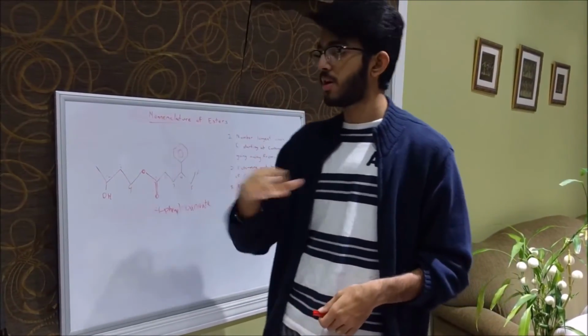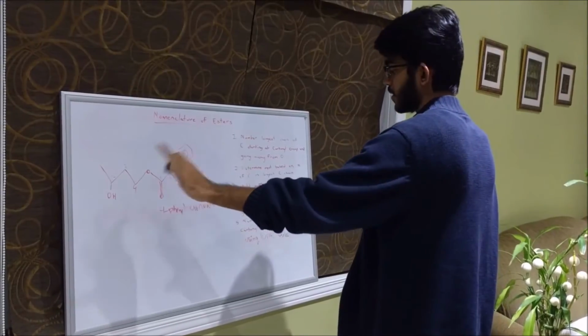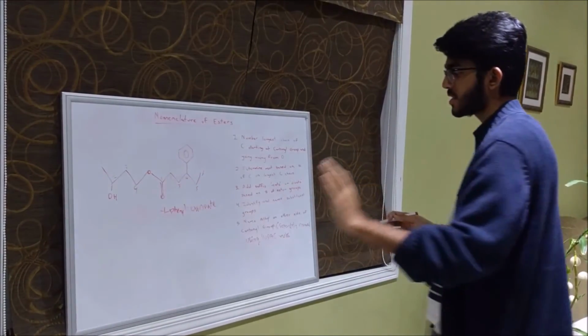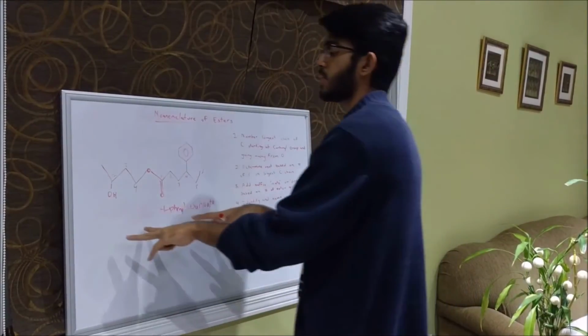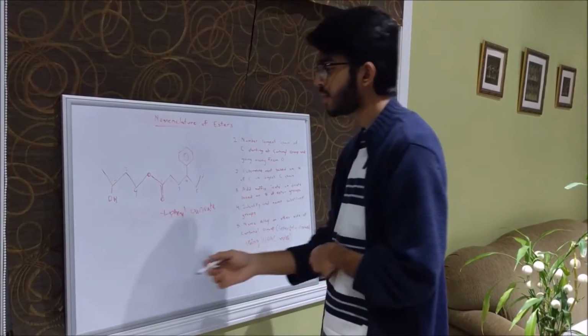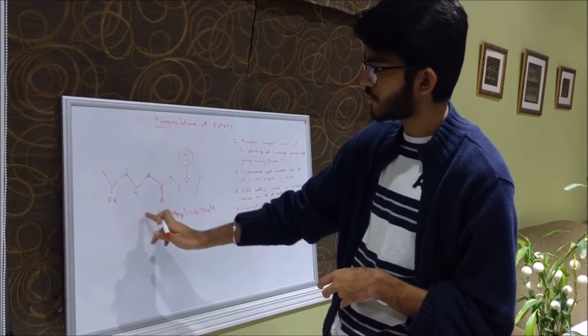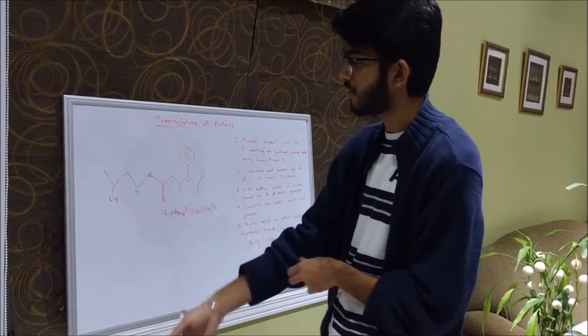Now I'm going to name the other part of the molecule. So I'm going to name the alkyl group on the other side of the carbonyl group separately using IUPAC nomenclature. And these two names will be separate from each other, but also be the whole name for the ester. There's not going to be a dash between this part of the name and this part of the name once I come up with that part of the name.